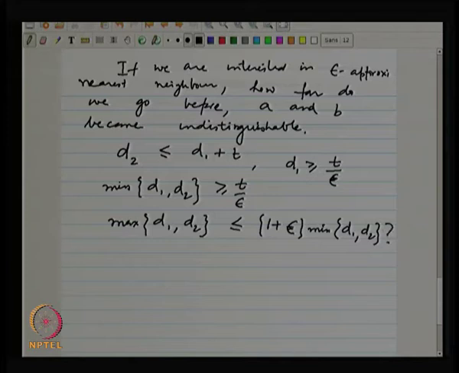So, just take an example, suppose d1 is exactly the minimum, exactly t over epsilon, right. Let us say that is d1. Okay. So, then d2 is less than t over epsilon plus t, right.